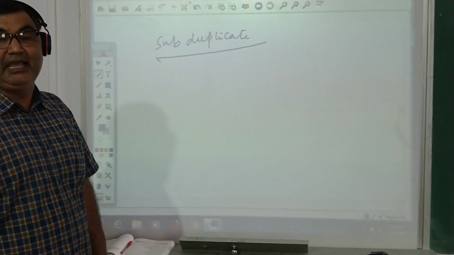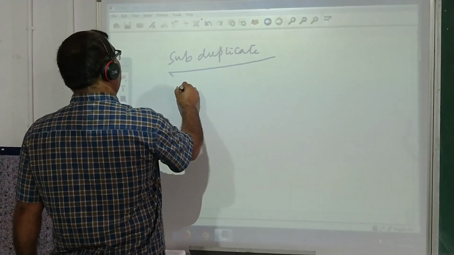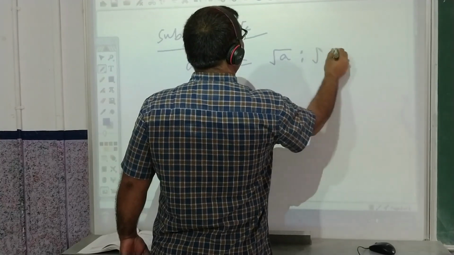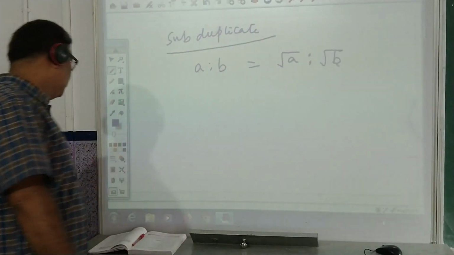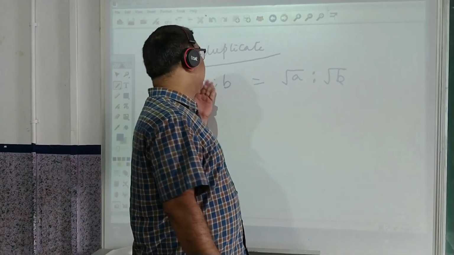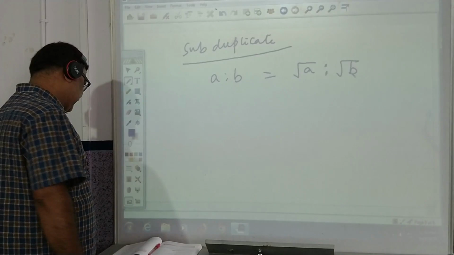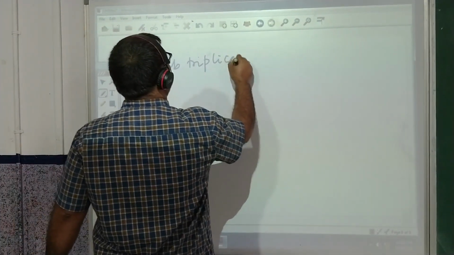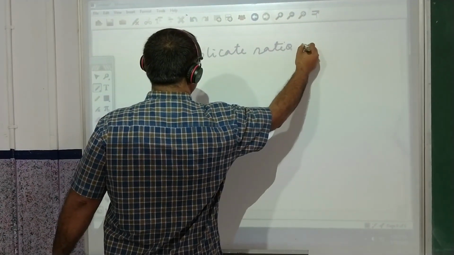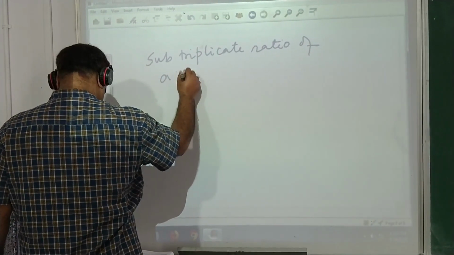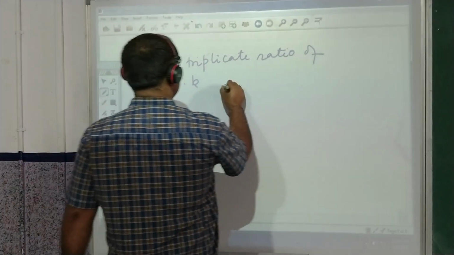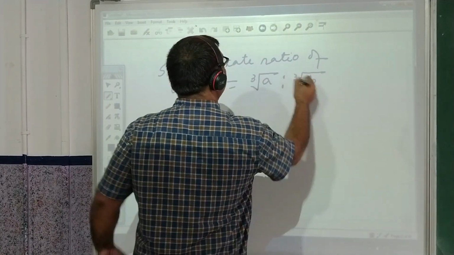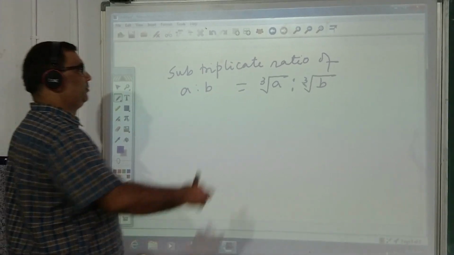For any two quantities A and B, the subduplicate ratio of A is to B is root A is to root B. Next is the subtriplicate ratio of A is to B, which is cube root A is to cube root B.